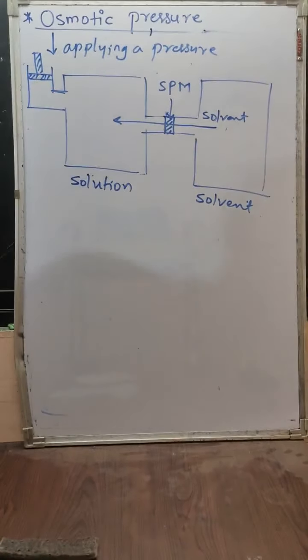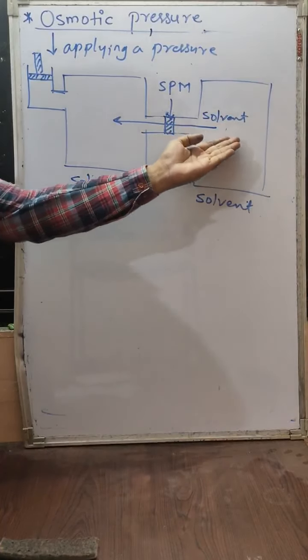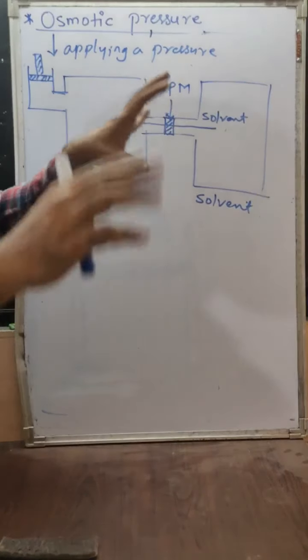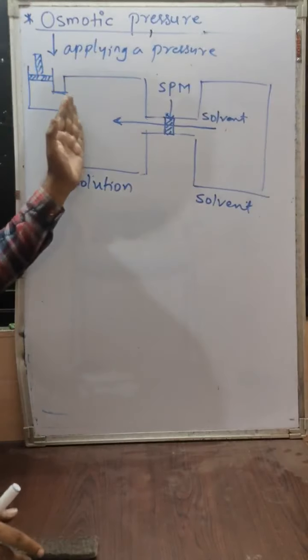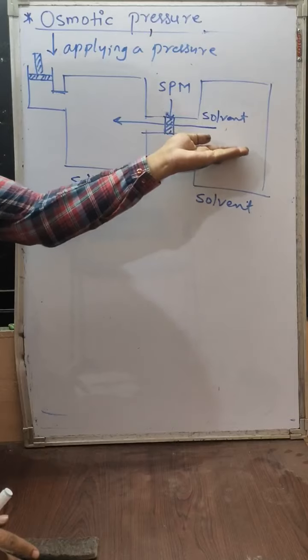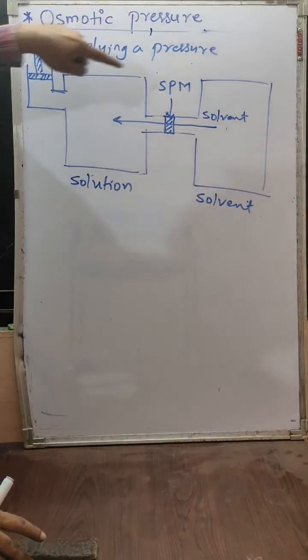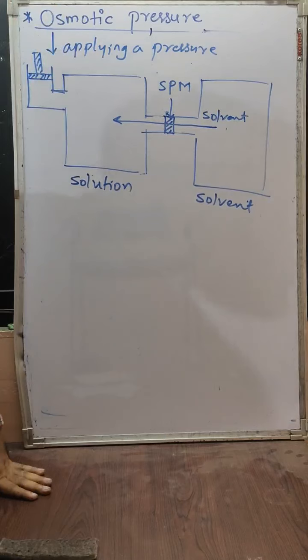Due to this pressure, what happened here? The flow of solvent molecules will stop here. Because when I apply pressure on the solution side, the molecules coming from the solvent side will stop. So this extra pressure which is applied on the solution side is called osmotic pressure.